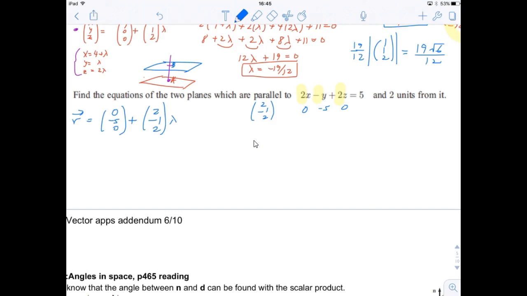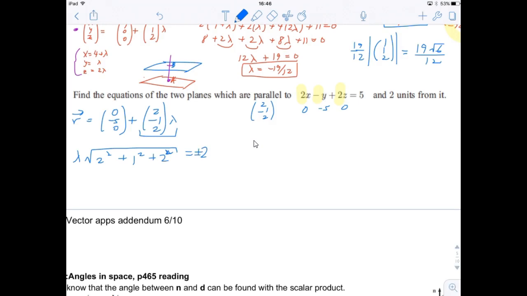Well, that would be when this is 2 units long. Okay, so when is this vector 2 units long? It could be negative 2 also. Okay, plus or minus 2.